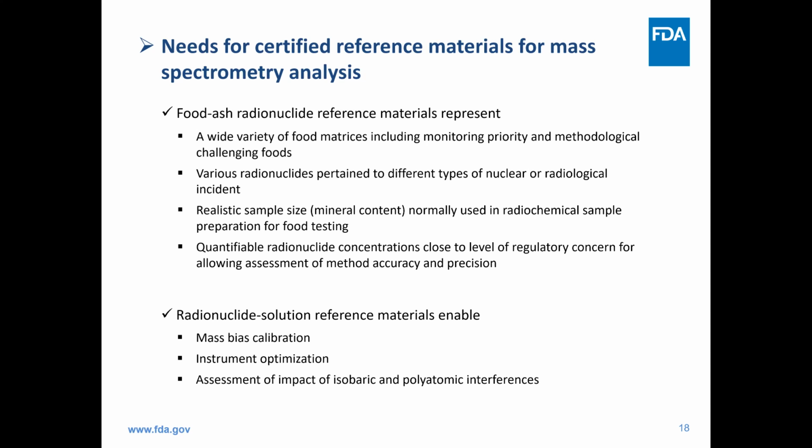Equally important, radionuclide solution reference materials enable, for example, mass bias calibrations, mass spec instrument optimizations, and also assessment of the impact of isobaric and polyatomic interferences, which are important for mass spectrometry.